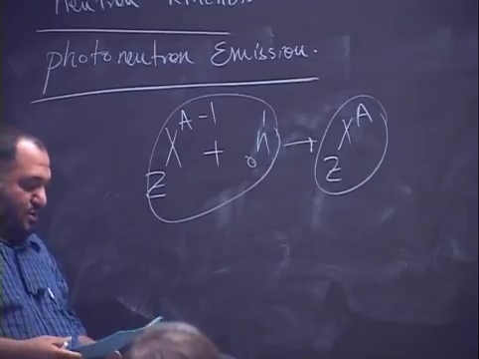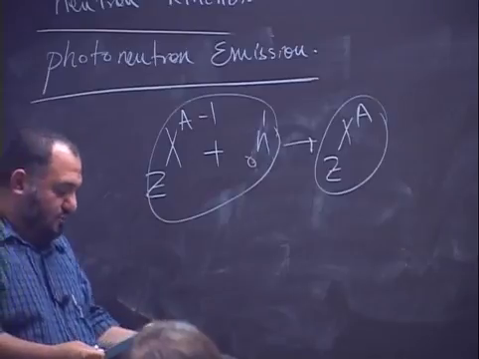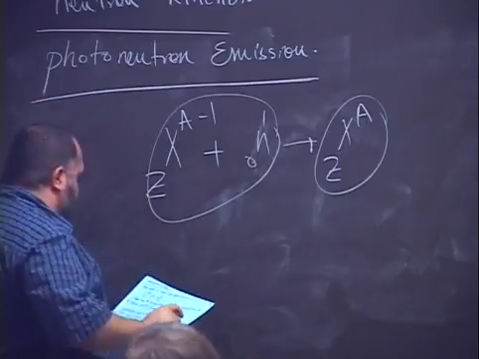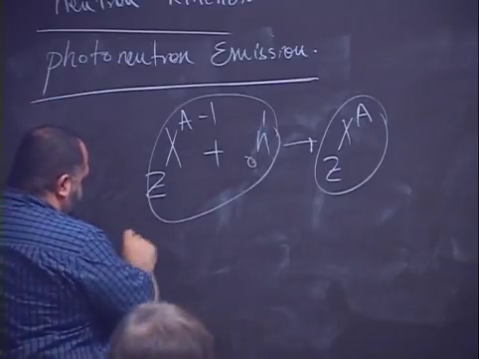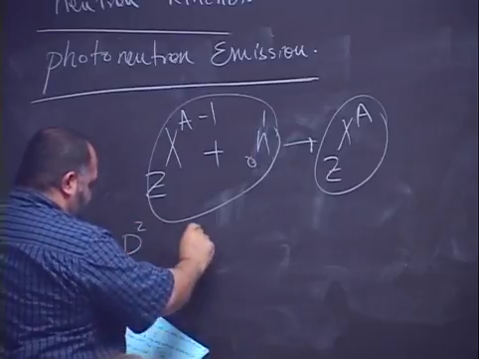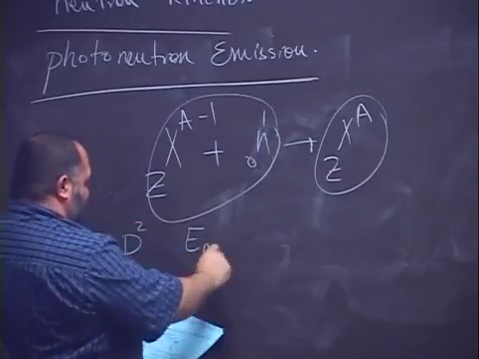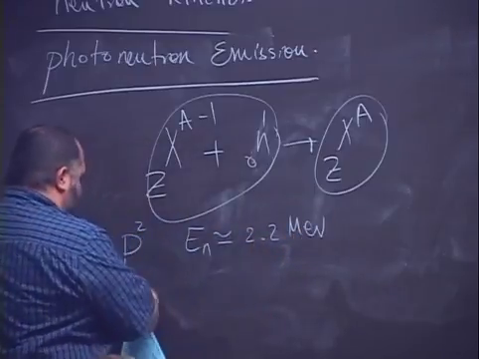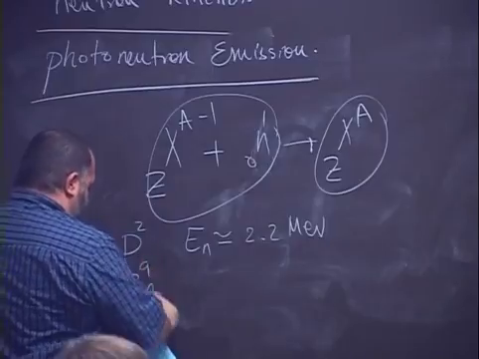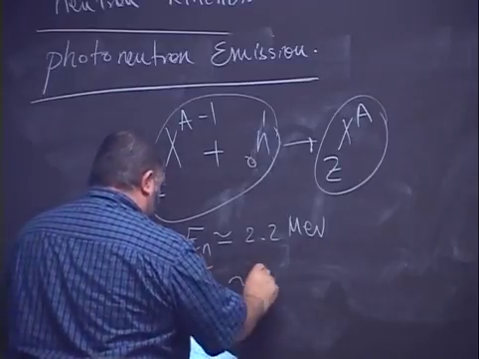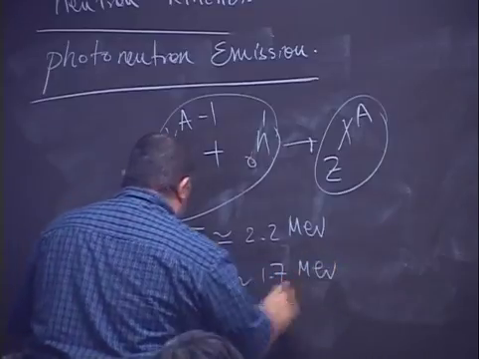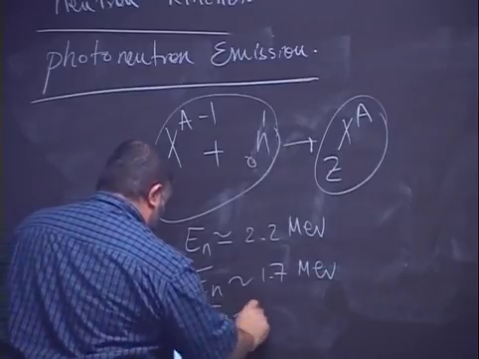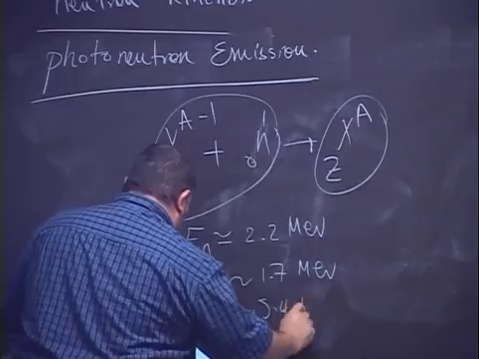And it is very well known in nuclear reactors. So, for example, I will give you some examples. For deuterium-2, the last neutron binding energy En is around 2.2 MeV. For beryllium-9, En is around 1.7 MeV. For lithium-6, this is around 5.4 MeV.